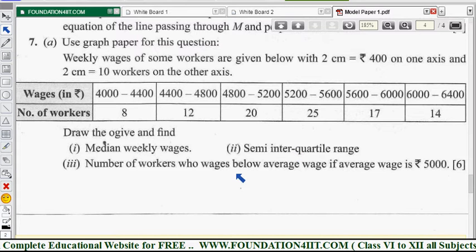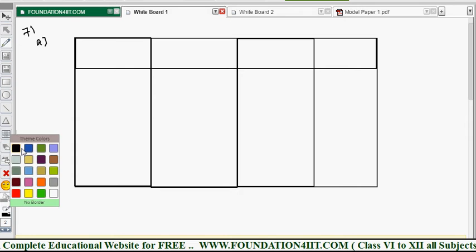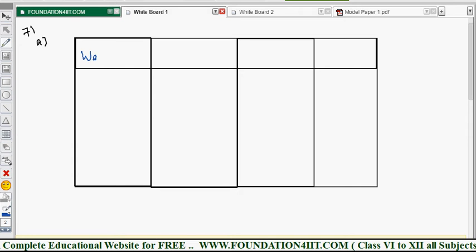Then you can do these answers also. First we'll draw the ogive. Before that, you can make the less than cumulative frequency table and find the points. If you see this one, 7th, the wages in rupees is given in this table, and the number of workers.